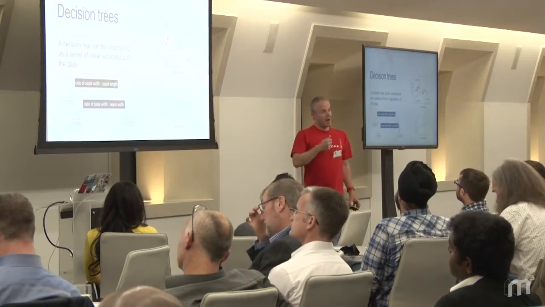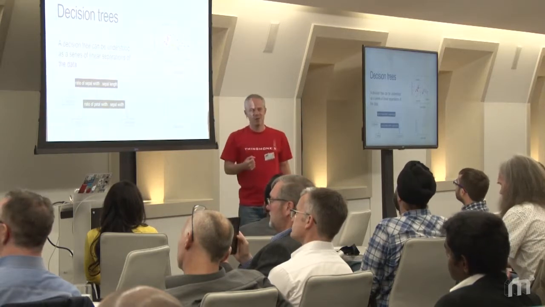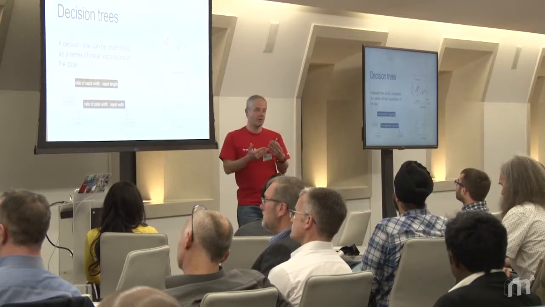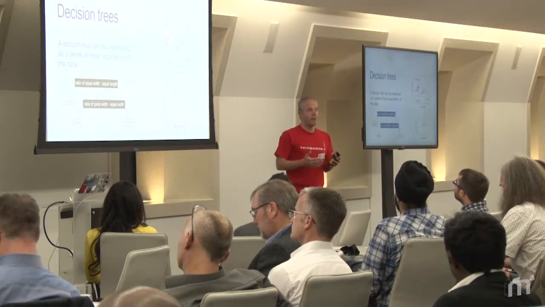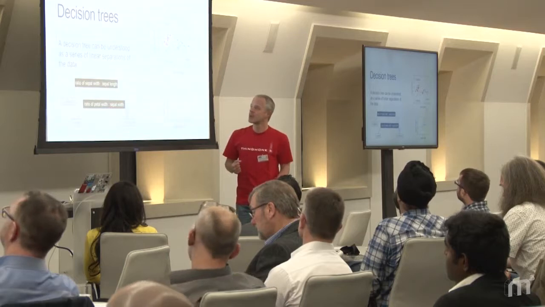Now, we have more than two classes. We have three classes. And of course, we have a lot more variables. So we do not only have sepal length and width, we also have the petals. So something's going to happen.